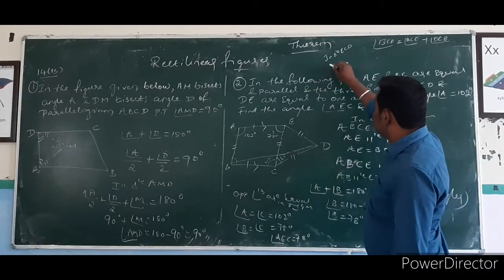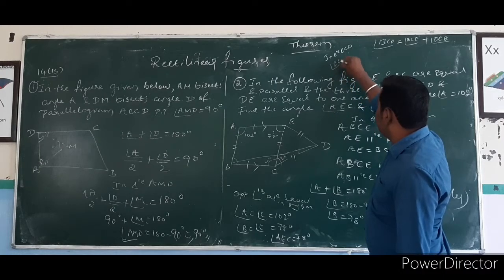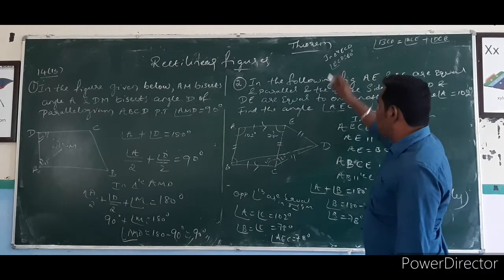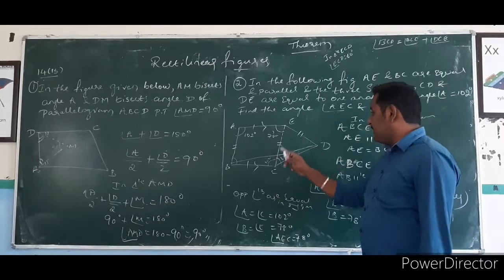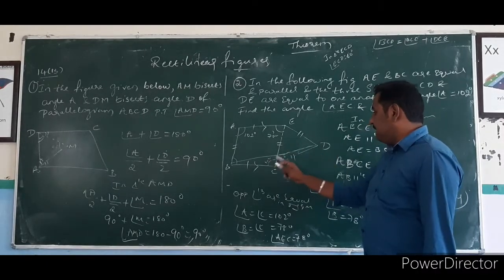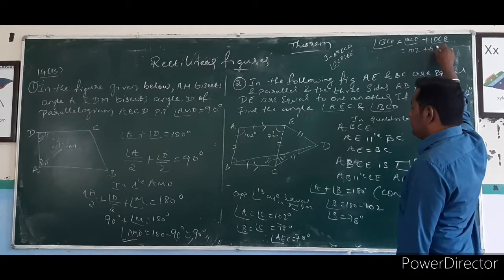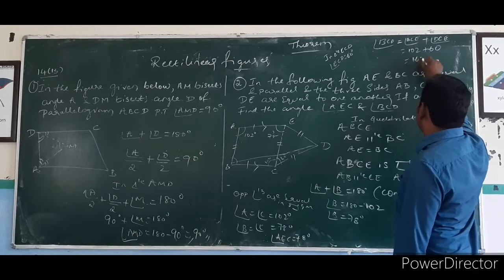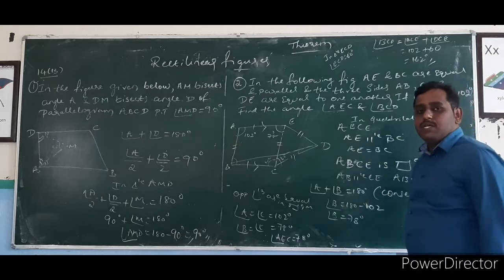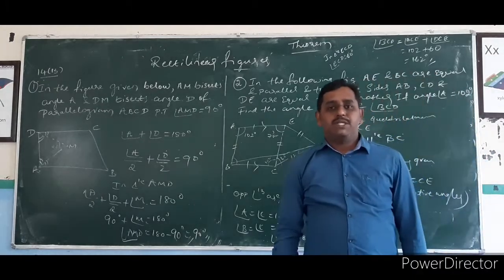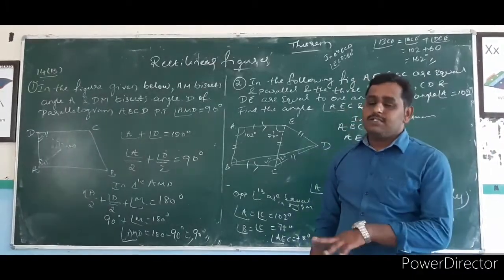That is, angle ECD is equal to 60 degrees. You understand? If you add these two, 102 plus 60, we get 162 degrees. Now you can easily solve this problem using theorems and previous knowledge.